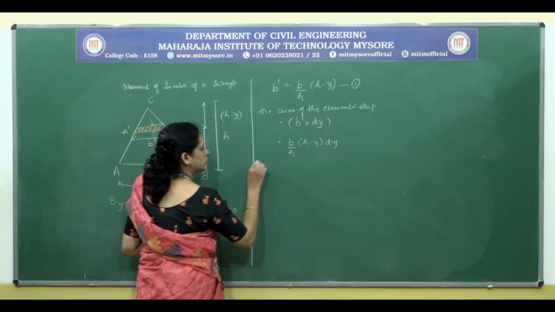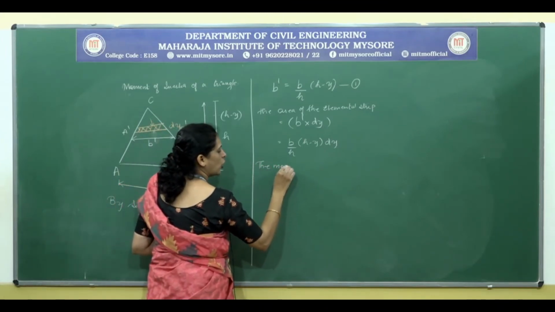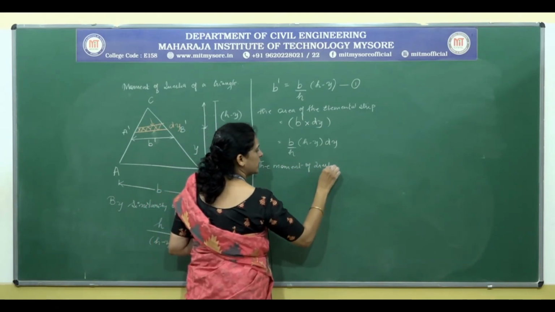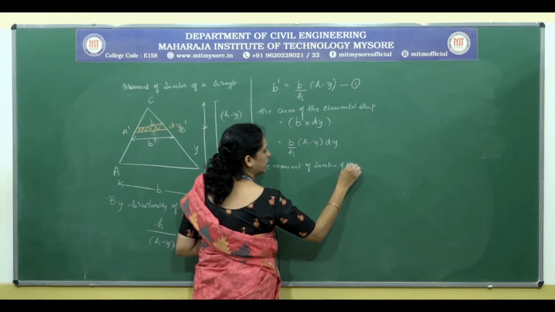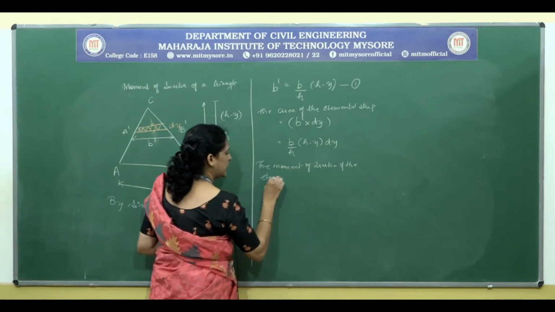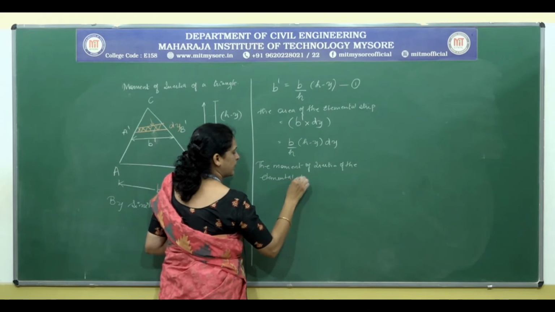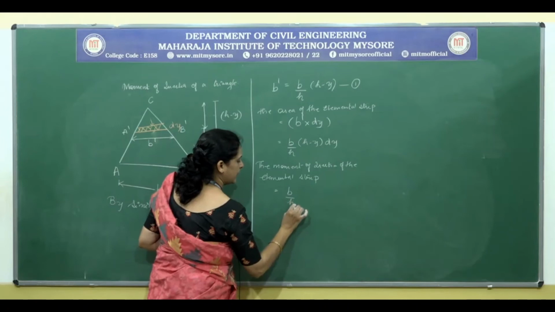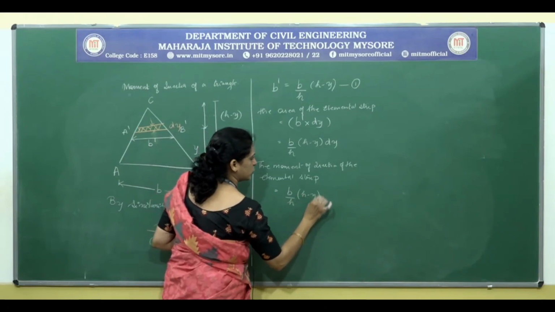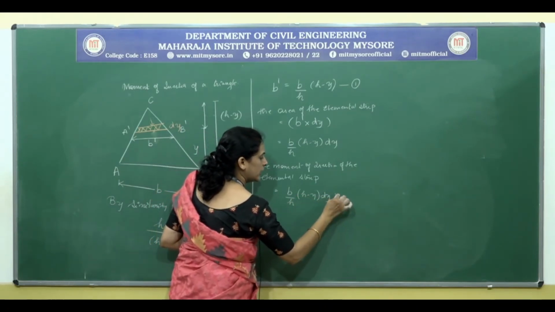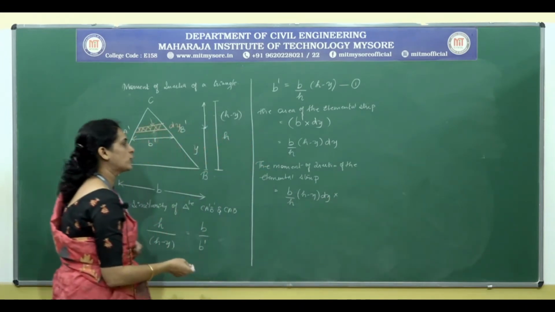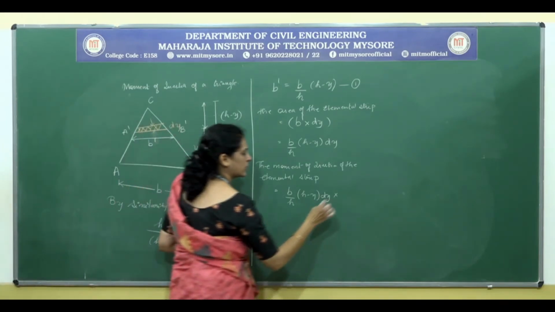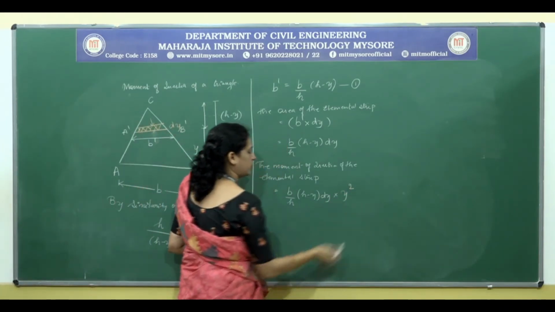So now the moment of inertia of the elemental strip is equal to area, B by h into h minus y into dy, into square of the distance. So this is the distance, it is y square.